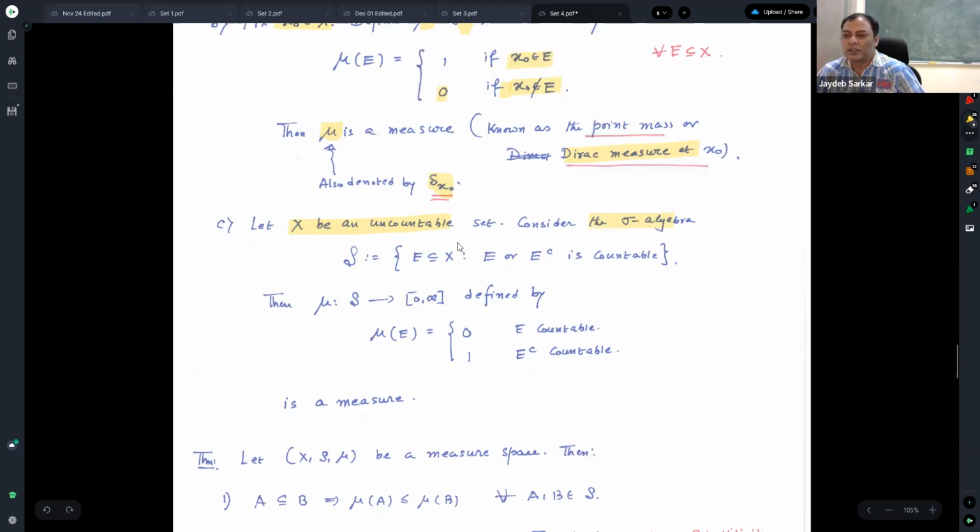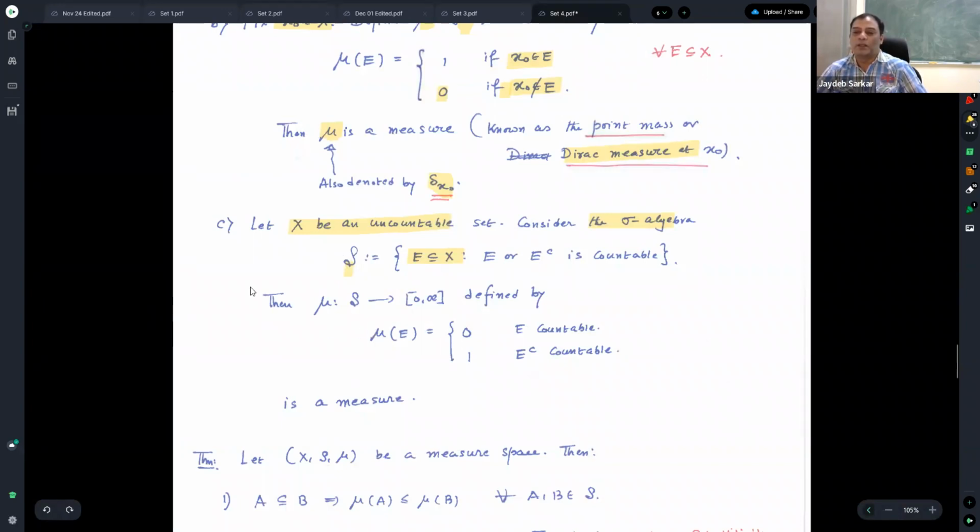Take those subsets of X such that either E or E complement is countable. So either E is countable or E is co-countable. That's another way to say it. E is co-countable means E complement is countable. So one of them must be countable, and the full space is uncountable. Otherwise, this doesn't make sense. It will be full of P of X otherwise, right?